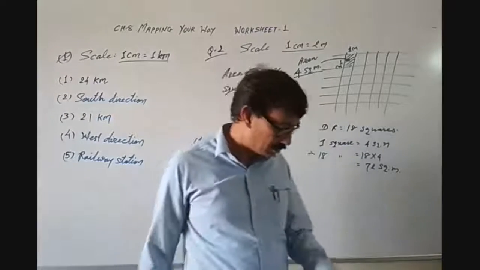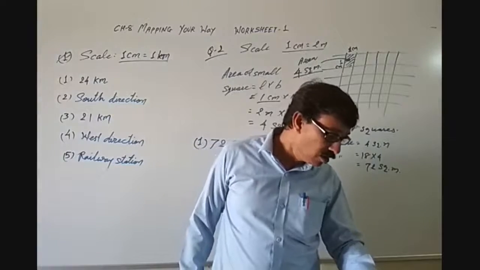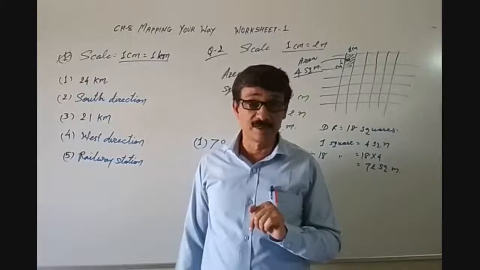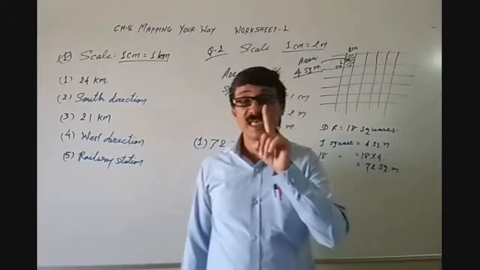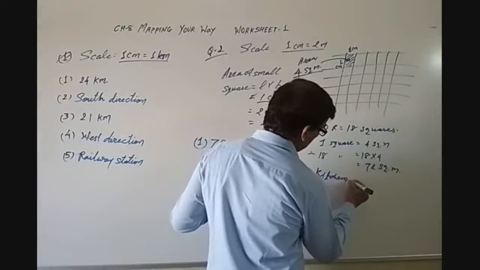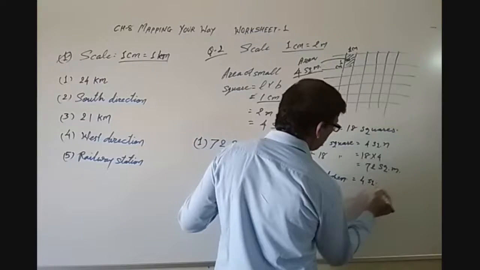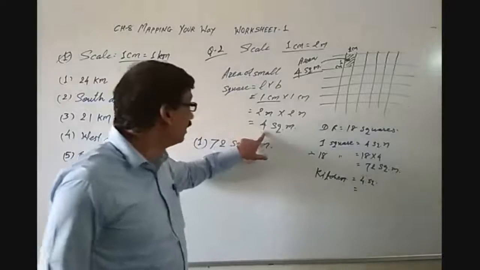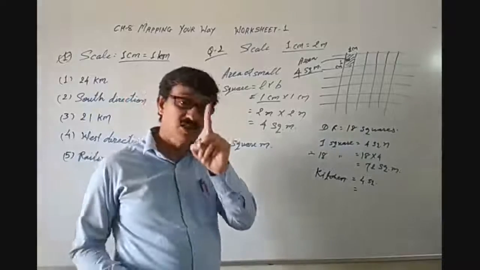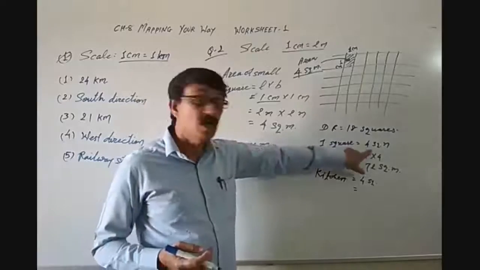Now let's find out the next. What is the area of the kitchen? You can see the kitchen has 1, 2, 3, 4 small squares. The area of 1 square is 4 square meter.